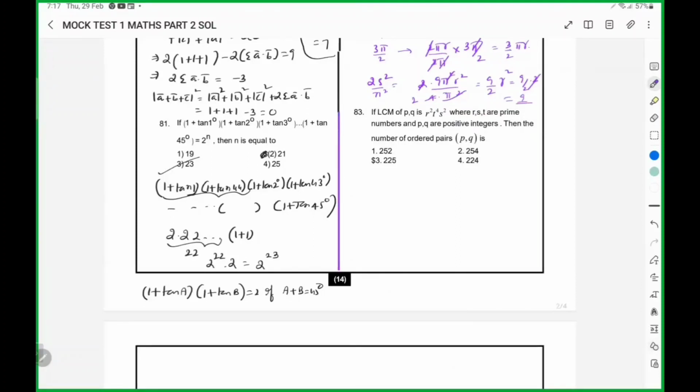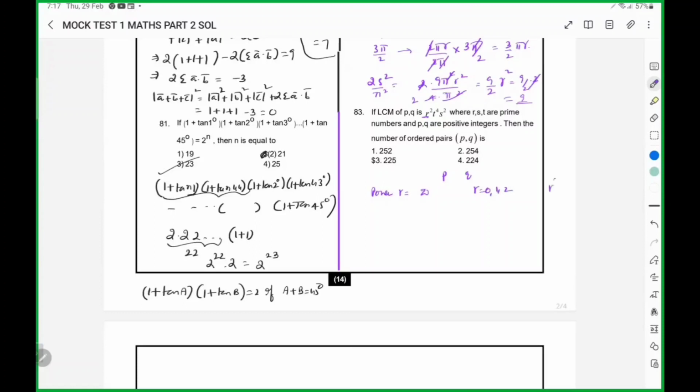So here it is LCM of P comma Q. If you consider this number R, if you fix the power of R as 2, then for Q also I will take a power of R. R can be any number.